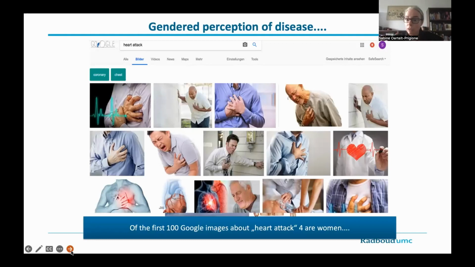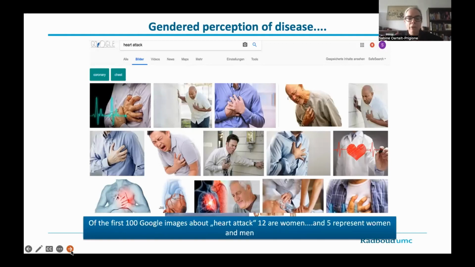Now, things got a little bit better, because now if you Google the first 100 images of a heart attack, which I did in preparing this presentation a few days ago, 12 are women, which is already an advantage. And in 5 cases, there's a representation of both women and men, and potentially slightly different symptomatologies. So we're definitely going somewhere here, and we're also getting more attention to the topic.